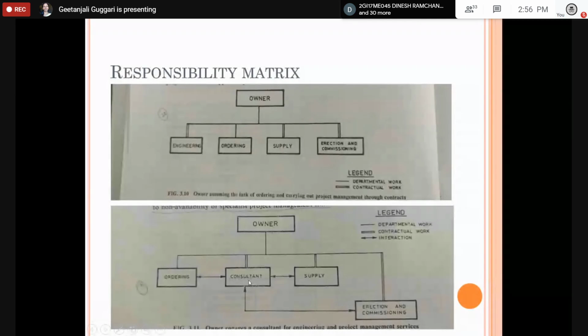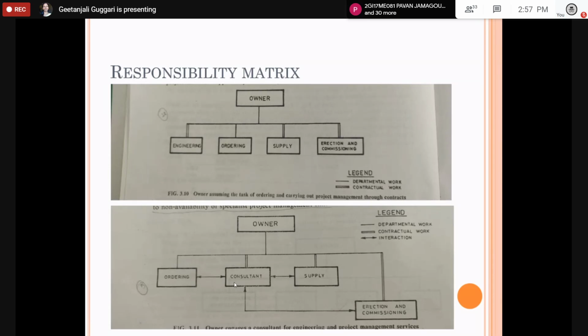Here we have a consultant for expert knowledge, or the third party, you can say, who is very knowledgeable. Say you are going for construction of a mall. Then the consultant may be your architect. Or say you are starting an industry.